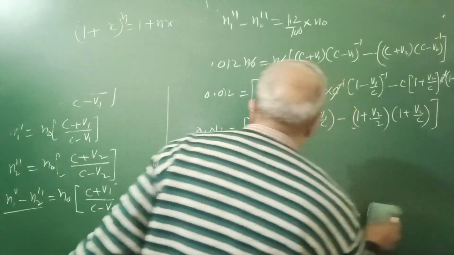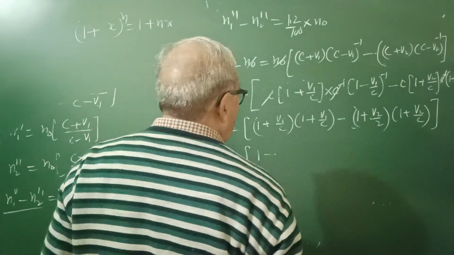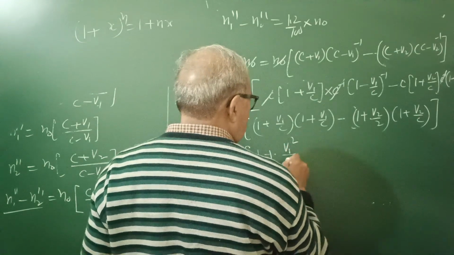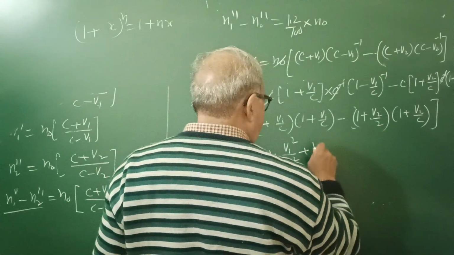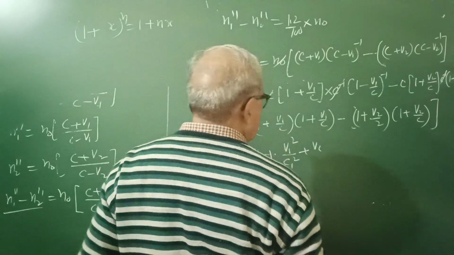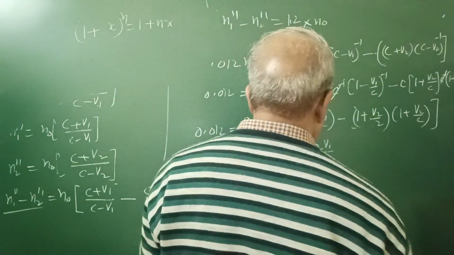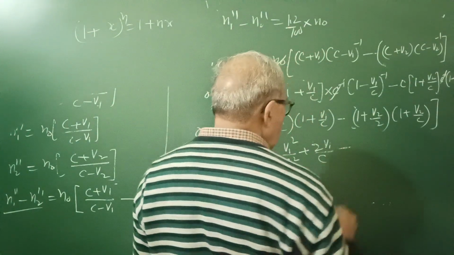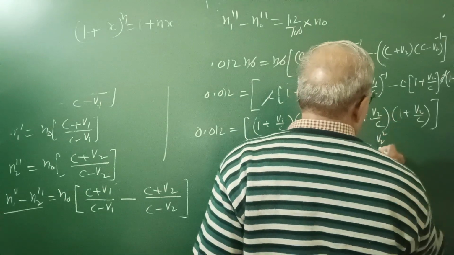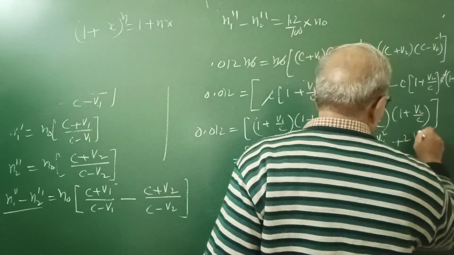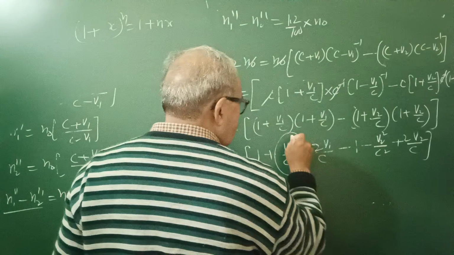So now it becomes 1 plus V1 square upon C square plus 2V1 upon C, minus 1 minus V2 square upon C square minus 2V2 upon C. Since V1 and V2 are less than C, these square terms are negligible.